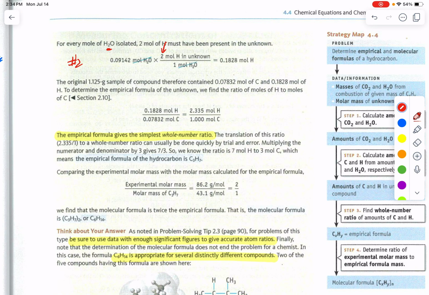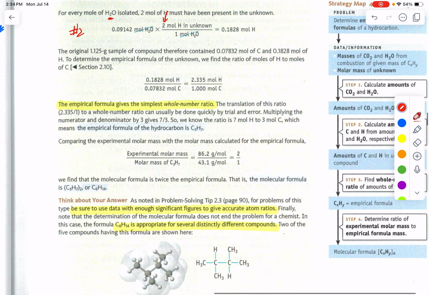In any case, now that I have my moles of hydrogen and my moles of carbon, step 3 would be to set up my ratio. And you can see that I have a 2.335 to 1 ratio. Or you could say that you have a 2 1/3 to 1 ratio, because 0.335 is close enough to a third when you get out to that thousandths place.